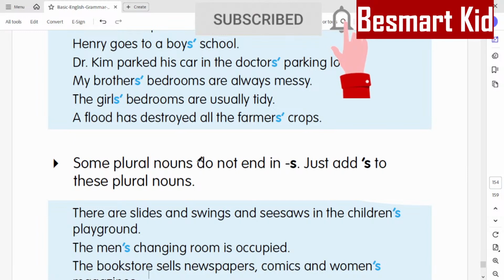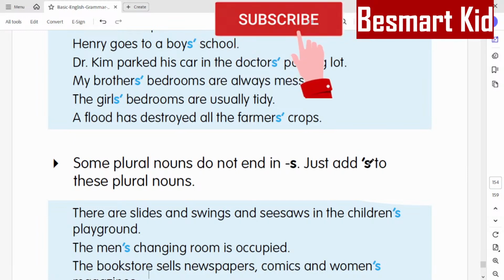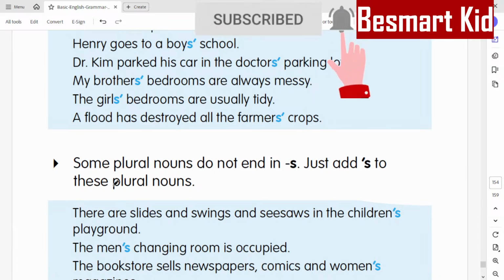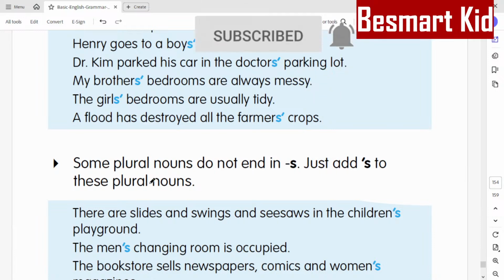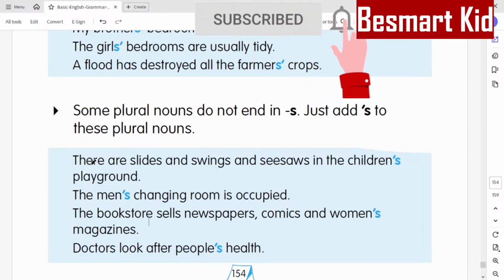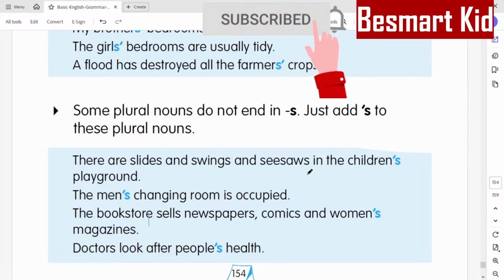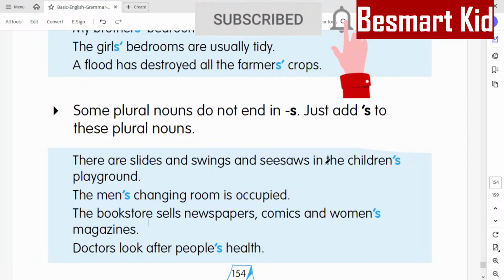Some plural nouns do not end in S. Just add apostrophe S to these plural nouns. For example, there are slides and swings and seesaws in the children's playground.